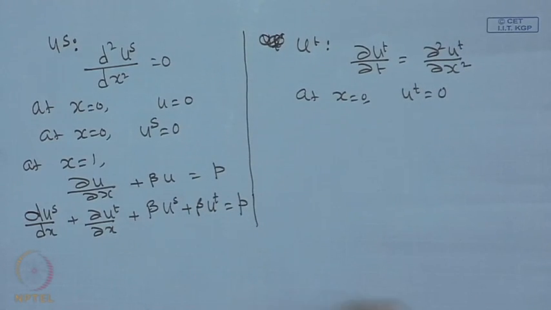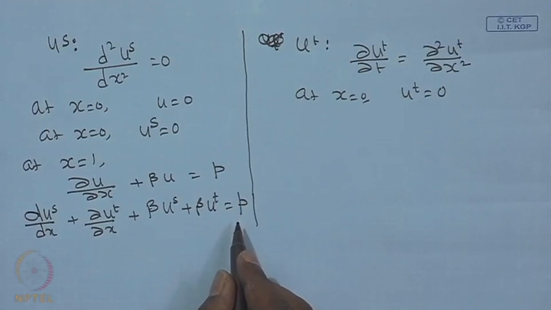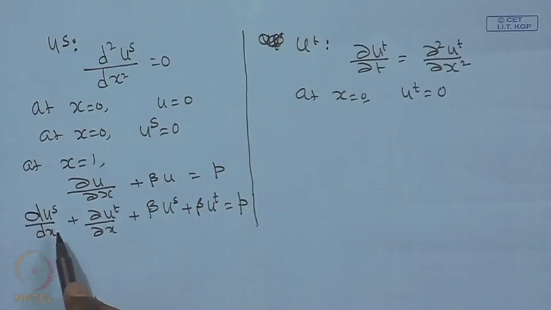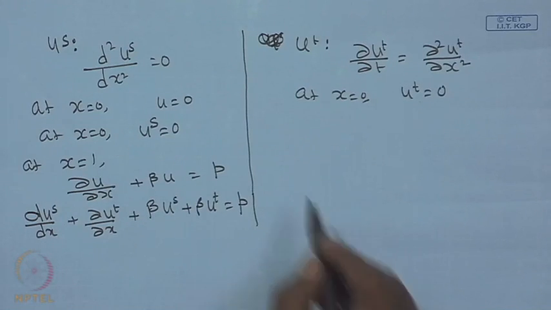So, therefore, we collect the similar terms and associate the non-homogeneous term with the steady state solution, so that the transient problem will have a homogeneous boundary condition.